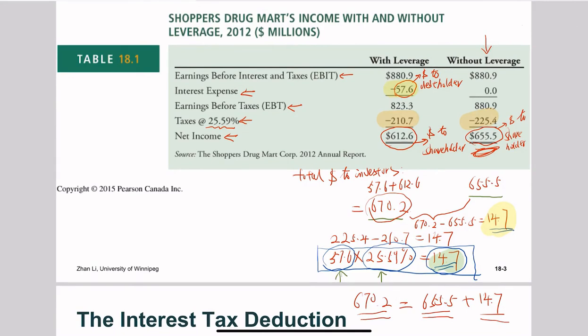And this shield, this interest tax shield, will increase the total cash flow available to debt holders and shareholders. Larger cash flow will increase the firm's value. So the logic is because of the interest tax shield, a firm could become more valuable, right?